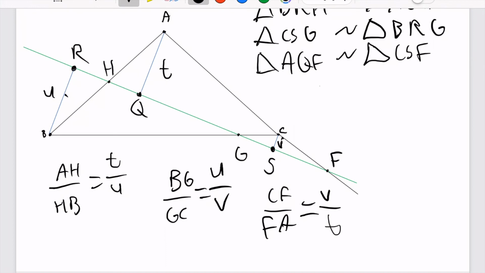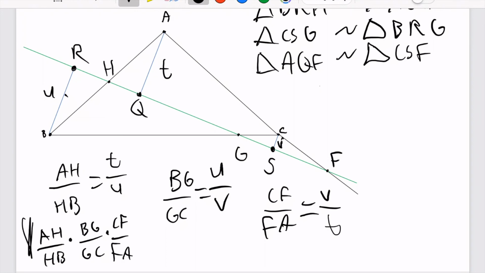So AH over HB times BG over GC times CF over FA. All right, this is what the theorem was all about. This product. Well, we have values for each of these now.